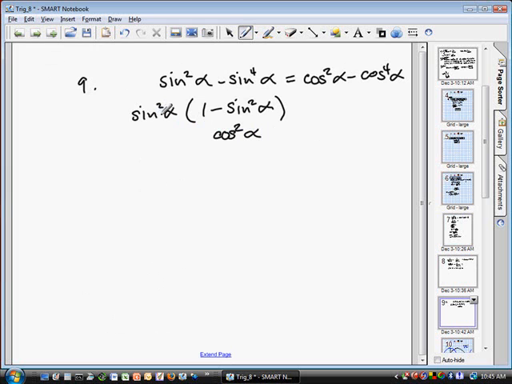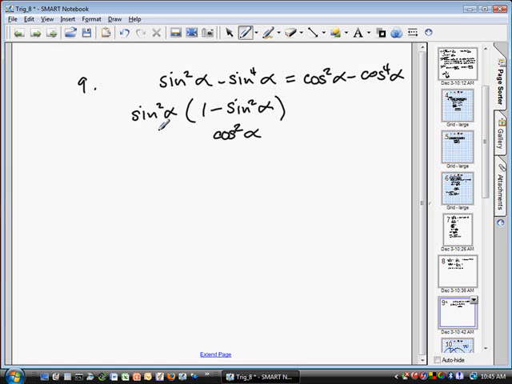And what can I replace for sine squared? Couldn't I do this?